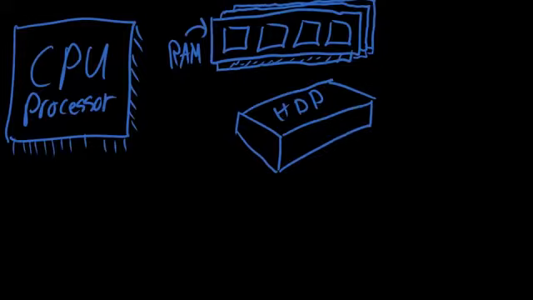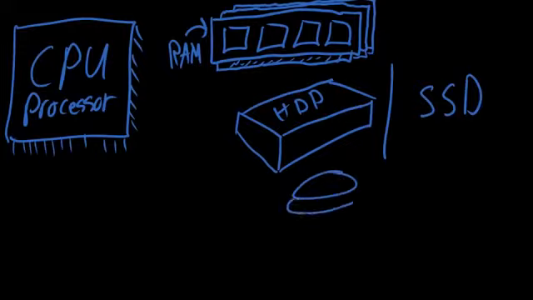Another common type of disk, instead of the hard disk drive, is the solid state disk, or solid state drive. SSDs is commonly referred to. These things are super fast compared to the spinning platters that exist in the hard drive that are in here.